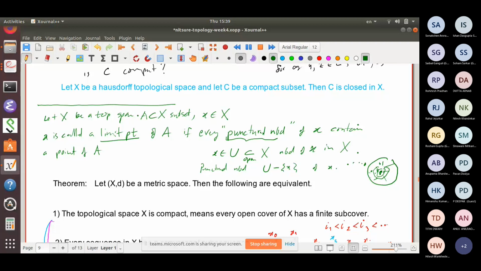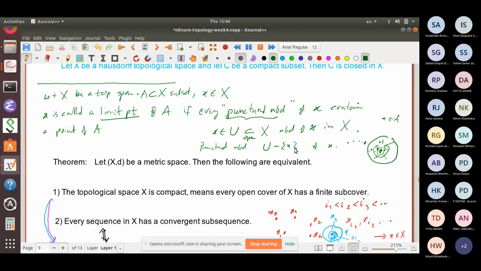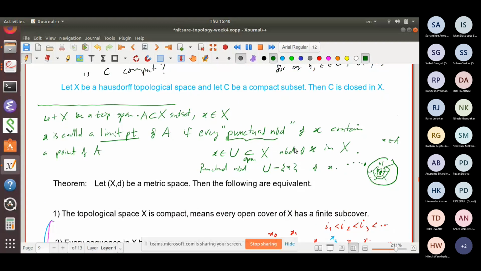But in that smaller punctured neighborhood, there is again a point of A. And why punctured? Because it may be that x itself belongs to A. We are not going to call it a limit point unless other points are coming closer and closer. So it's not true that every point of A is a limit point. Some points of A are limit points, some points are not.